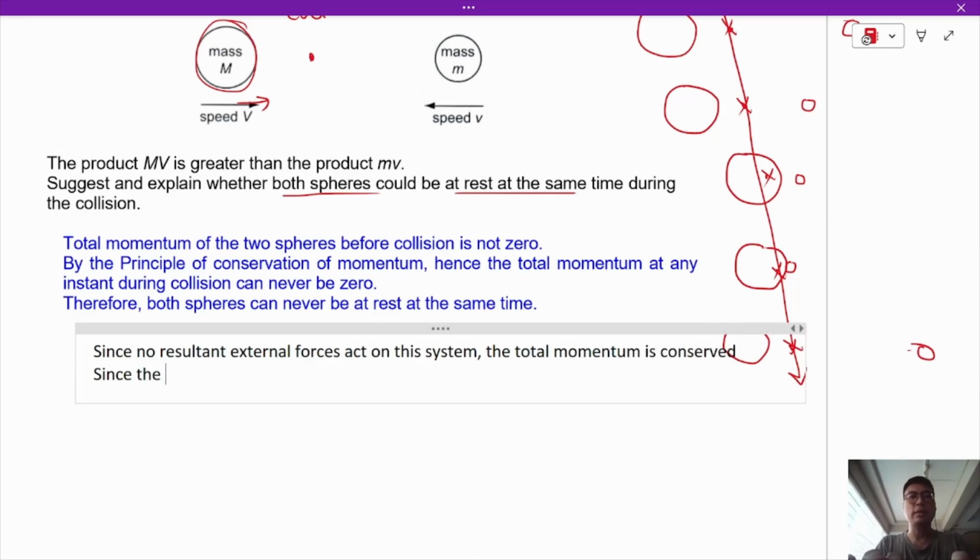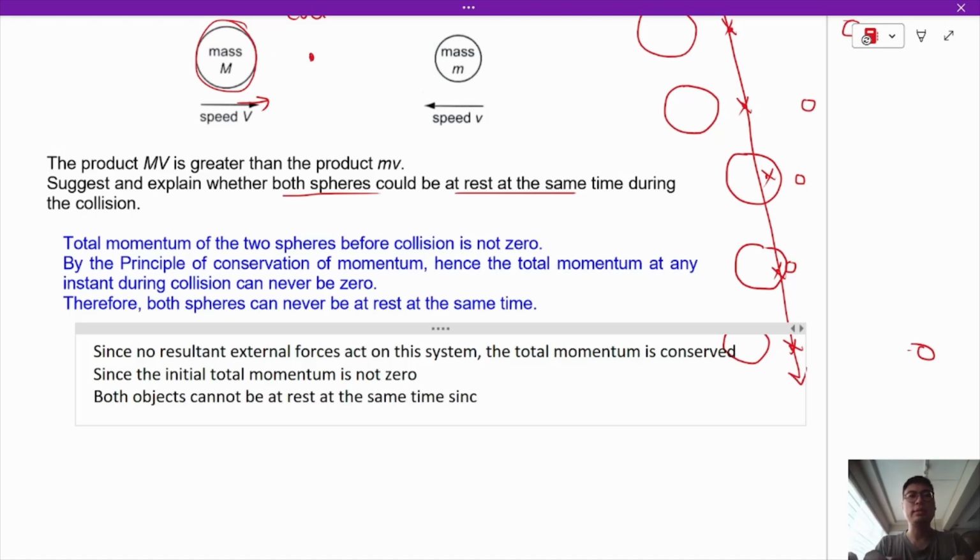And since the initial momentum is not 0, both objects cannot be at rest at the same time, since if that happens, the total momentum would be 0.